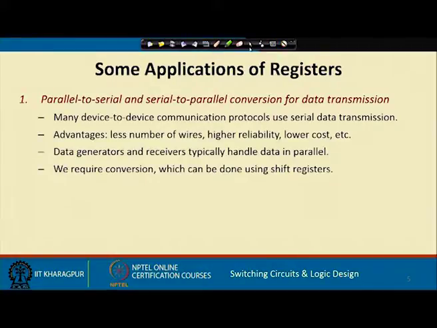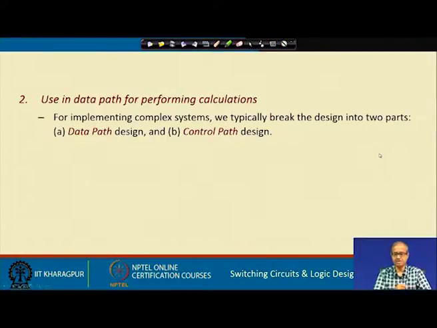Let us look at another very important application of registers, but here we are not talking about shift registers, but normal parallel in parallel out registers. There are many designs where we need registers to store some temporary data, and there you require this kind of PIPO registers.